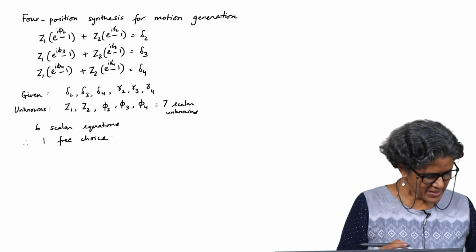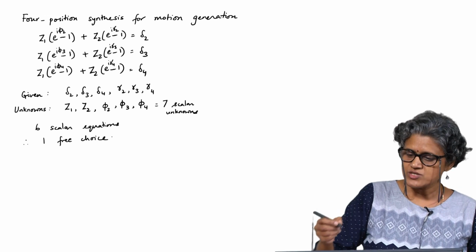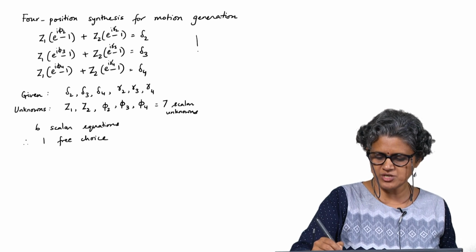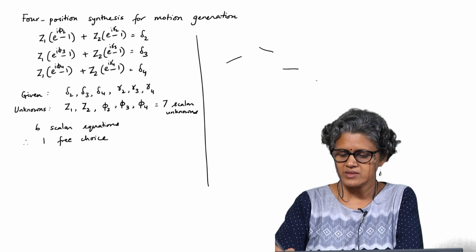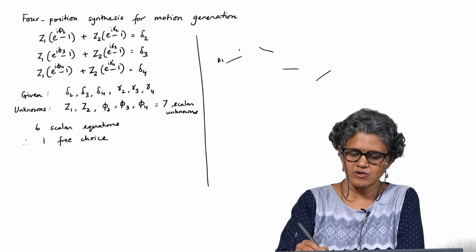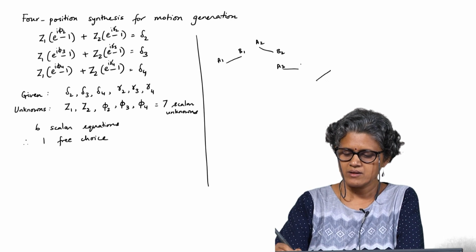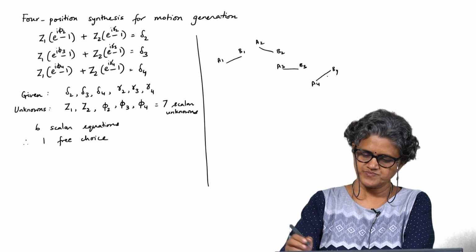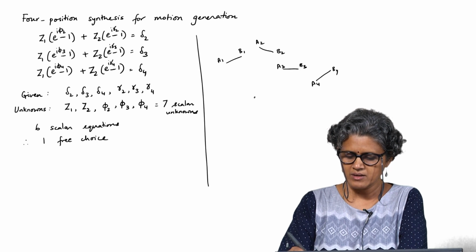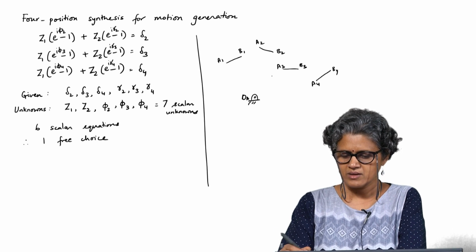So, we saw that the strategy was, okay. So, if you take the 4 position problem, okay, if you take 4 positions of this thing in the plane of the coupler, and I find corresponding, say for the 3 positions I find OA and some OB.